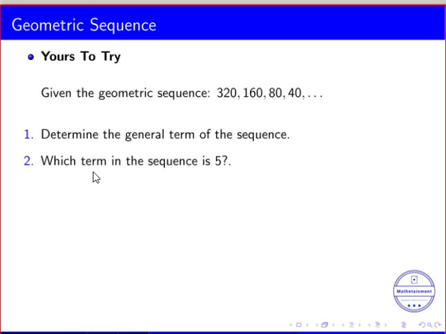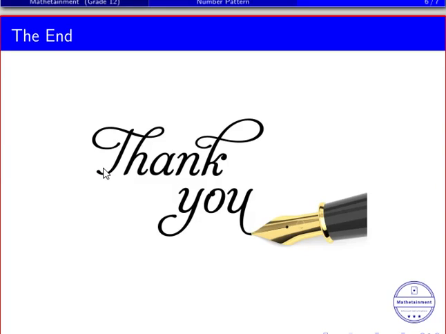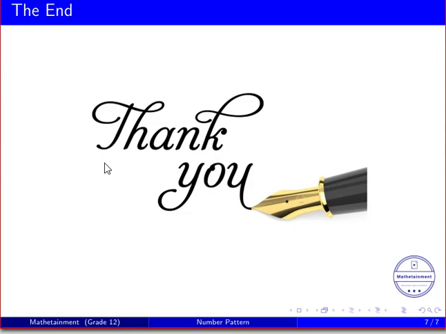And we are required to determine the general term of the sequence. And your second question is, which term in the sequence is 5? Guys, I hope you will enjoy doing this exercise. Thank you. I'm looking forward to seeing you in my next lesson.